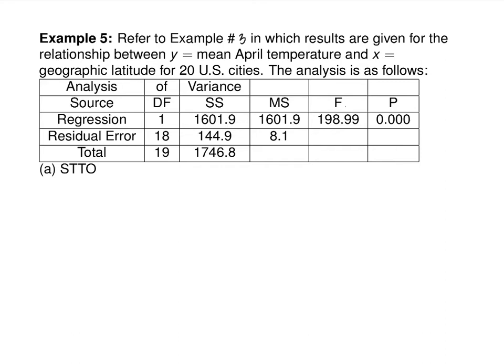So first of all, what is SSTO? Remember, that stands for sum of squares total. And that's computed by doing the sum of your y's minus your y bar and squaring that.